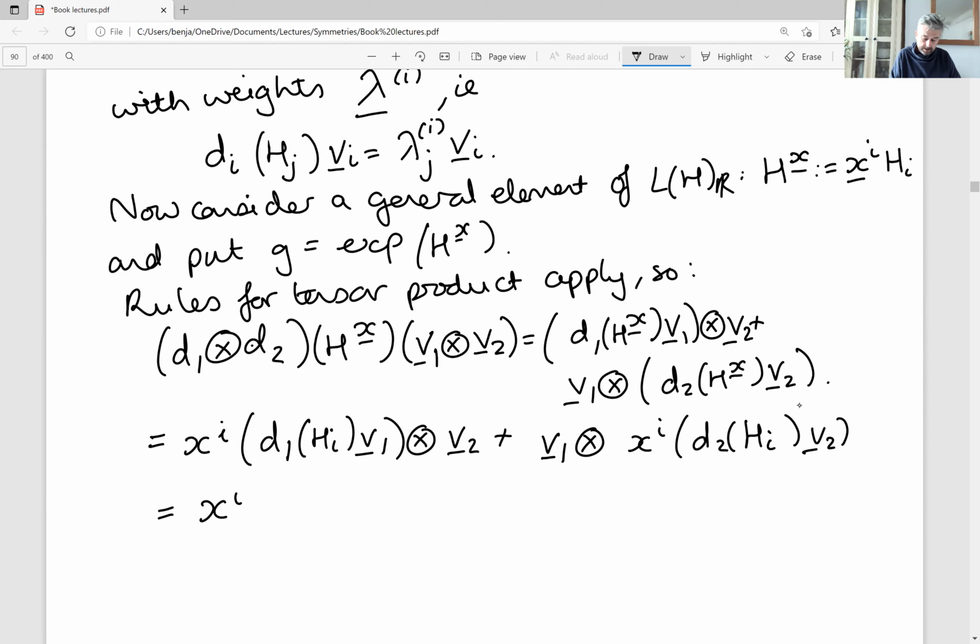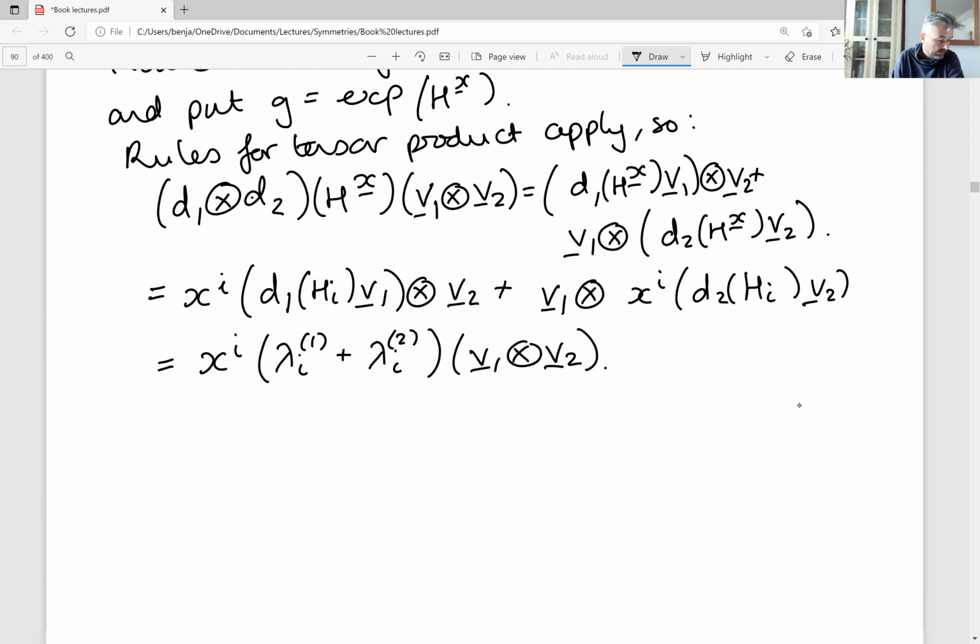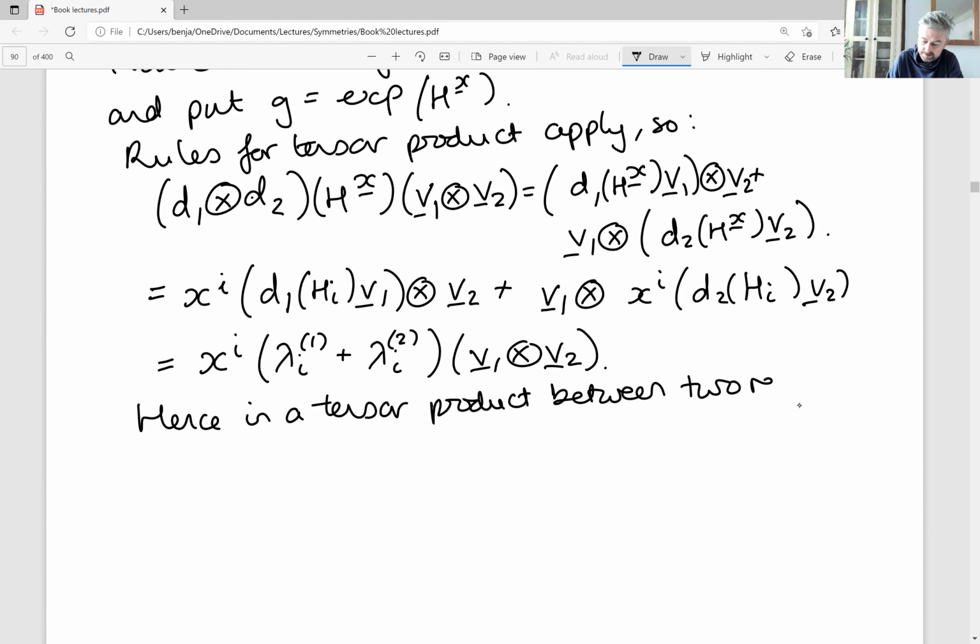So this is x_i (lambda_i^1 plus lambda_i^2) on v1 cross v2. So what we see is that in a tensor product, the weights add. Between two representations, the weights add.